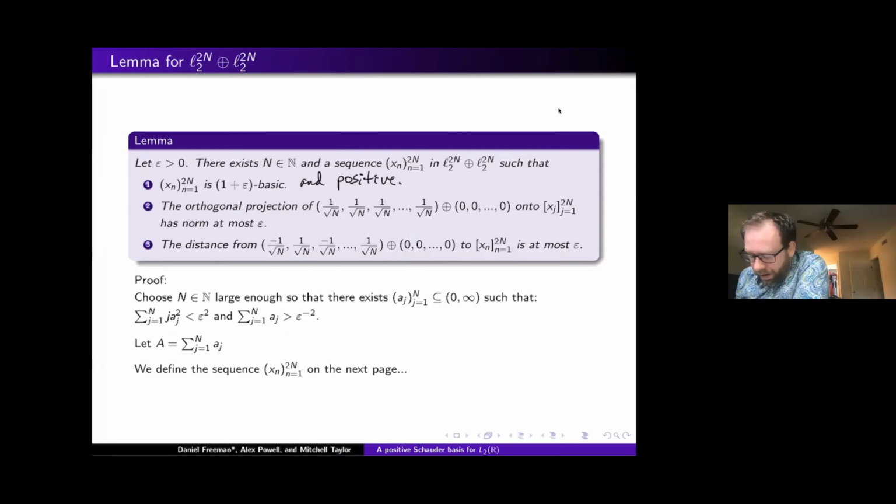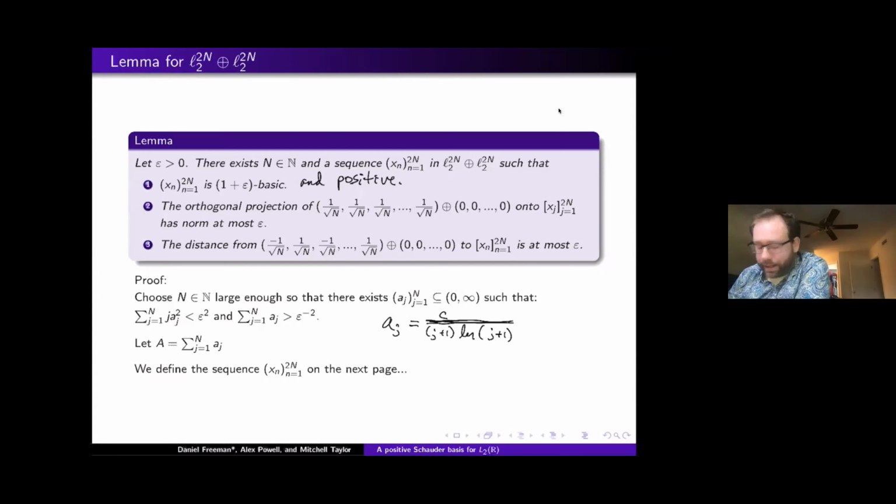Okay, so we need to choose capital N extremely big so that there's a sequence of aj's such that this is true. Essentially the way that you can do this is by picking aj as some constant over (j+1) log(j+1).